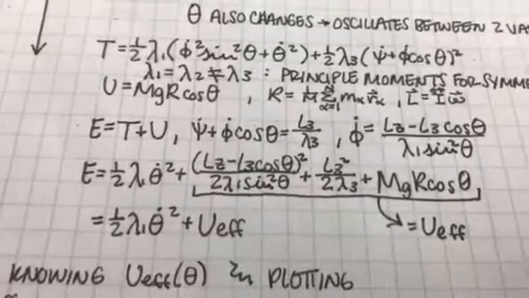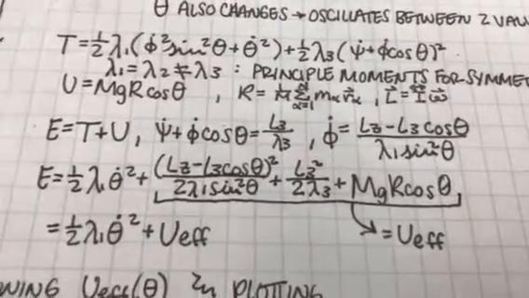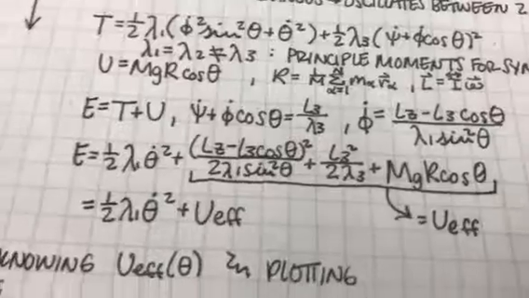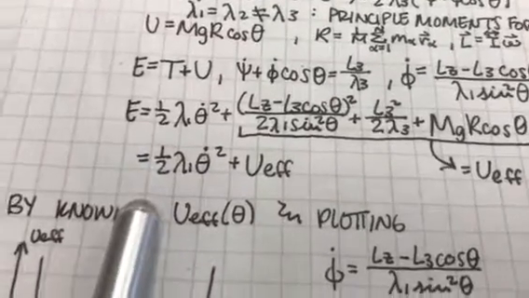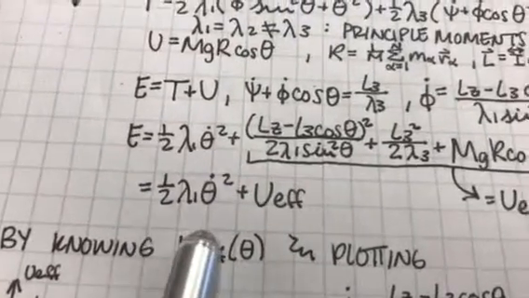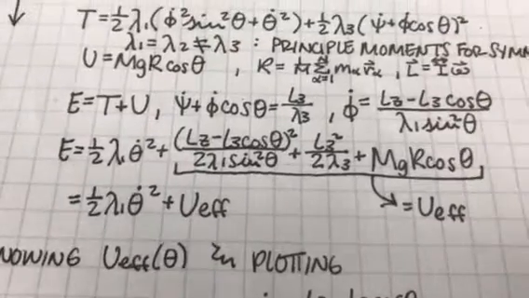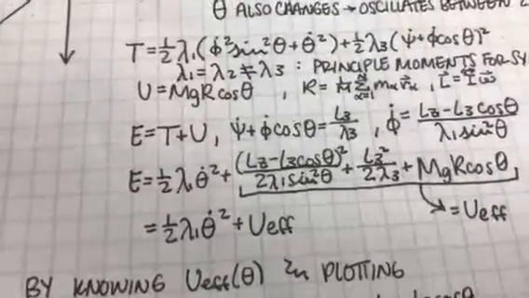And so this gives us a value for the effective potential energy. So you could write this total energy right here as equal to 1/2 lambda 1 theta dot squared plus effective potential energy.